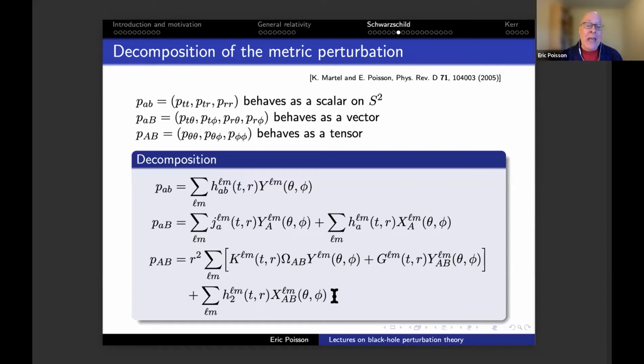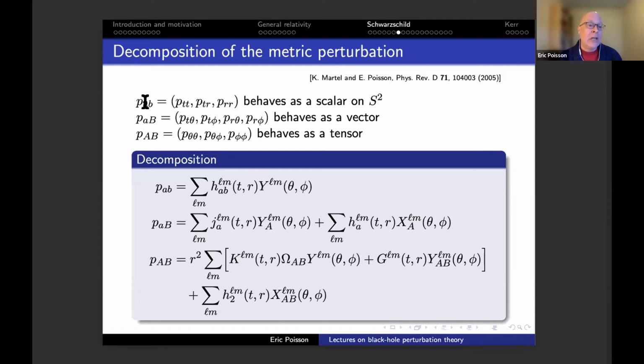So what I'm doing here is introducing a decomposition in scalar, vector, tensor harmonics of the metric perturbation, and I'm calling that perturbation p alpha beta, and then I'm just distinguishing what is an angular index and what is not an angular index. The capital indices are going to be angular indices. The lowercase letters here are going to be non-angular indices.